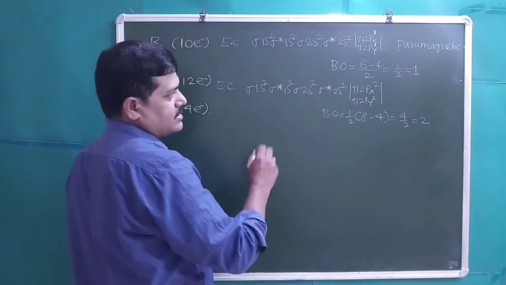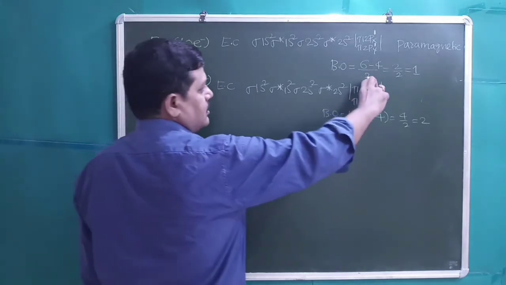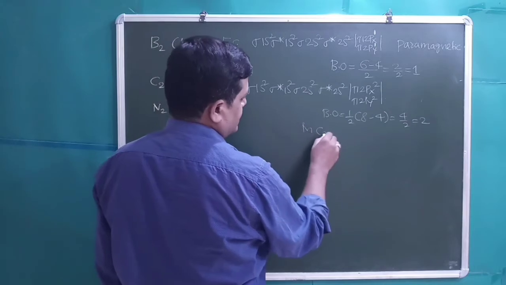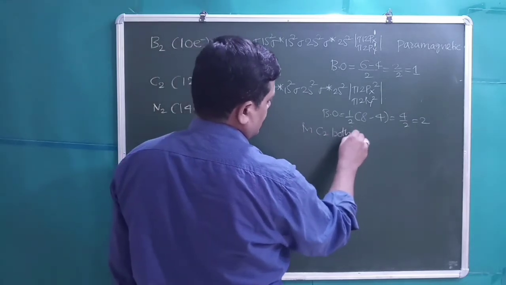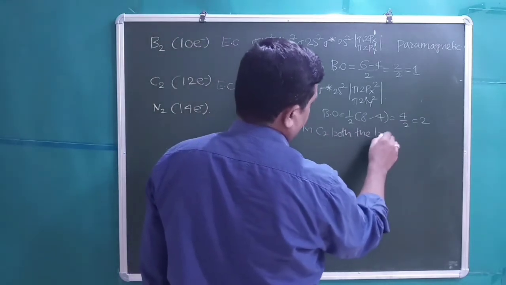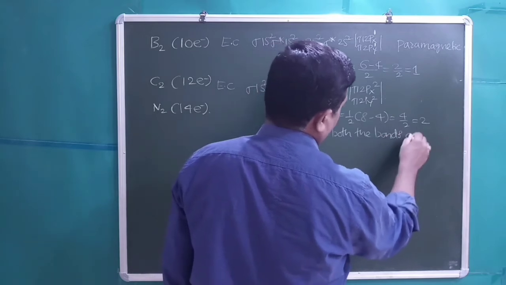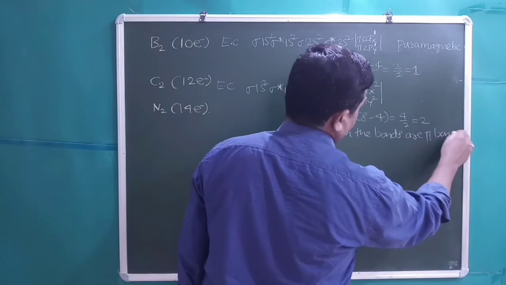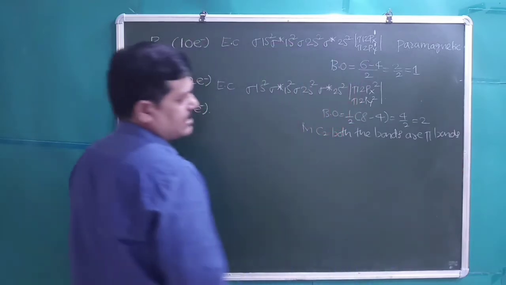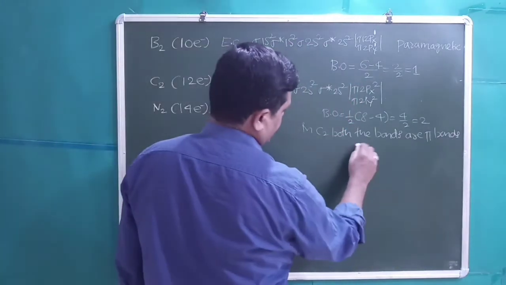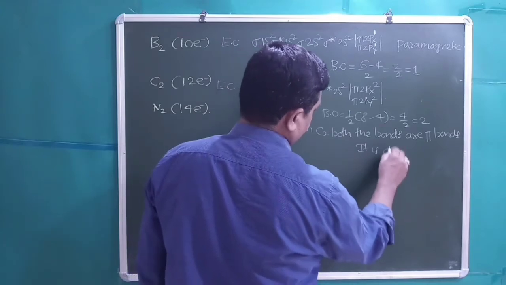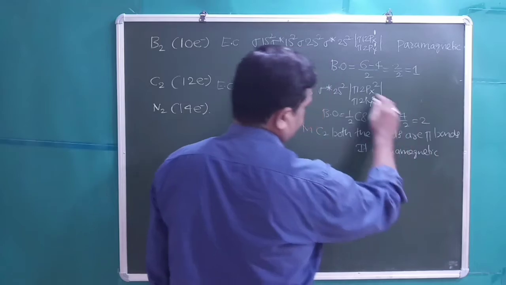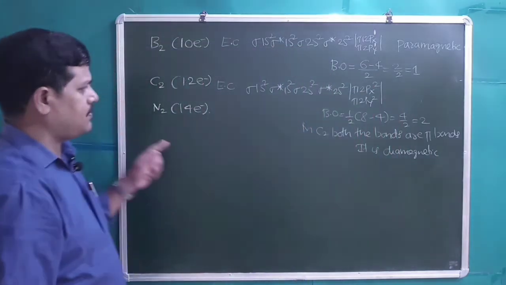And C2 is a special case in which both the bonds are pi bonds, and it is diamagnetic in nature. No unpaired electrons are present.